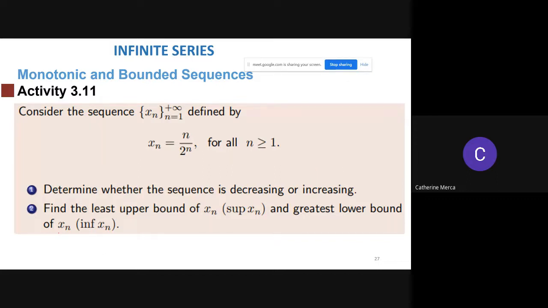Then, you're also asked to find the least upper bound, or para matandaan ninyo, the supremum, U. And you're also asked to find the greatest lower bound, which is the infimum. So, anong gagawin ninyo? Identify ang elements sa inyong sequence, and then tan-awon whether increasing or decreasing, and then prove it. Then find ang inyong supremum and also the infimum. Okay? Activity 3.11. I'll give you time to do that.